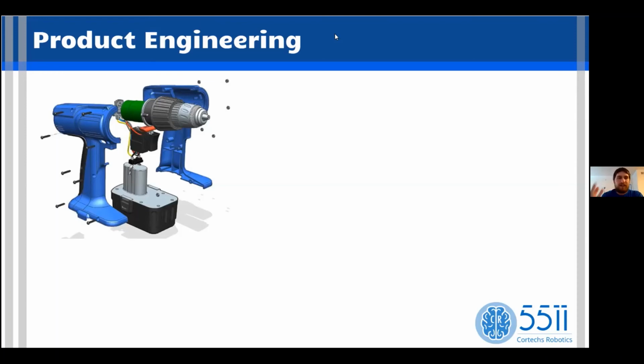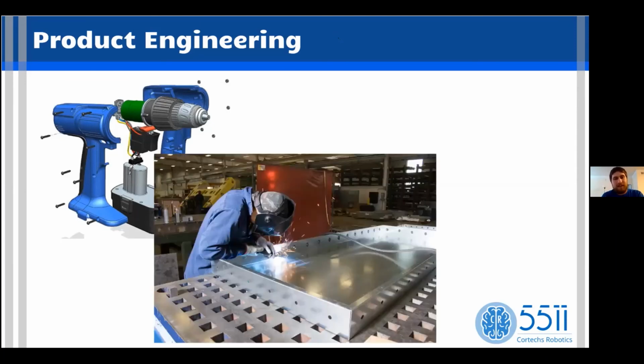You get your ideas, you make your virtual design, and then what do you need to do after that? Build, exactly. So once you have your design, you need to build it. During product engineering, you think up your design, you do the best you can, and then you build it.